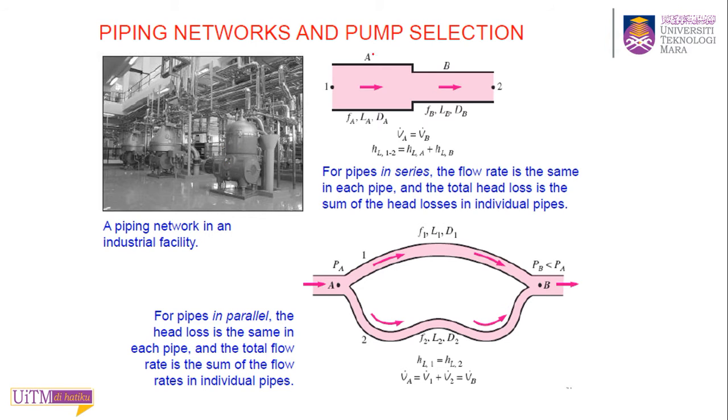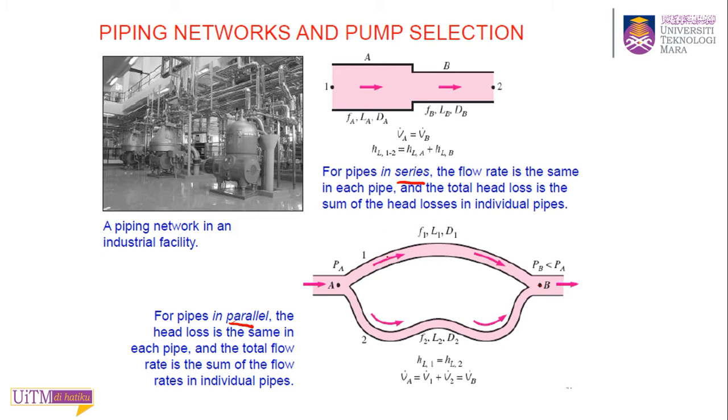One is what we call series, as in this picture, where your pipes are just connected in series. So pipe A and pipe B are connected in series. This is the first piping network, and the second one is what we call parallel. What is different is that the pipe has two junctions, or three or four, it doesn't matter how many, but at the end of the junctions, it will combine again.